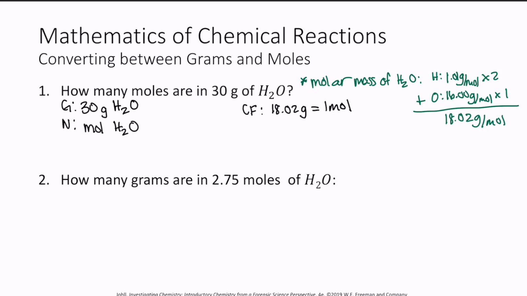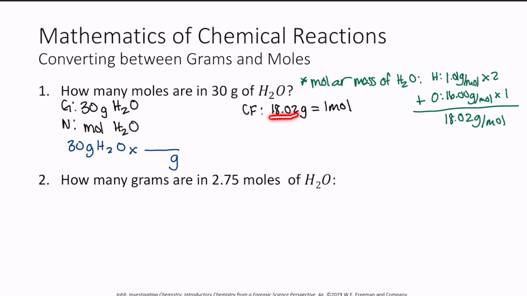So I can start my problem. I'm going to start with my 30 grams of water. And I'm going to use my equality, use my conversion factor to solve for this. Now, when I put this in as my conversion factor, remember we have to have grams on the bottom.